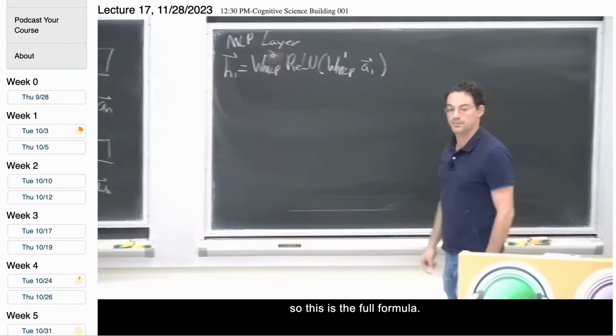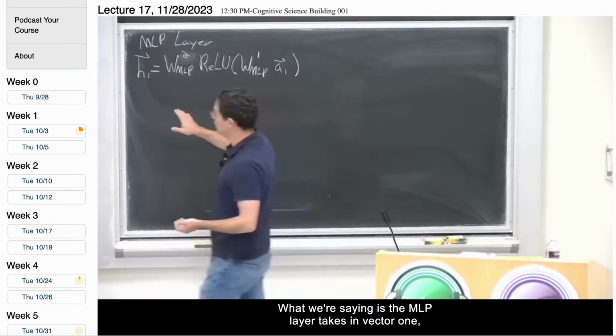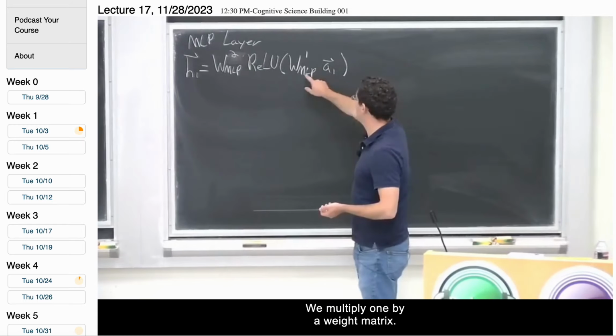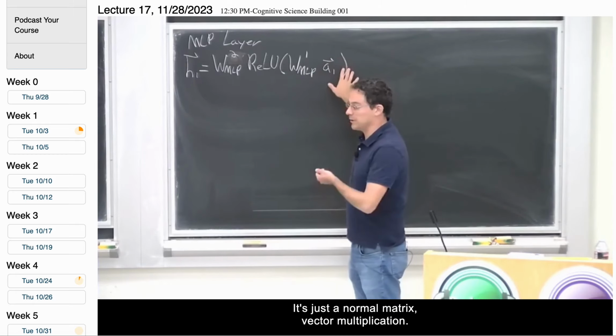So this is the full formula. This is the full MLP layer. It's this little equation here. What we're saying is the MLP layer takes in vector A1, the vector corresponding to the first word. We multiply A1 by a weight matrix, here I'm calling it WMLP1. So it's just a normal matrix-vector multiplication. We take a ReLU, so we apply a nonlinearity to the result of that.